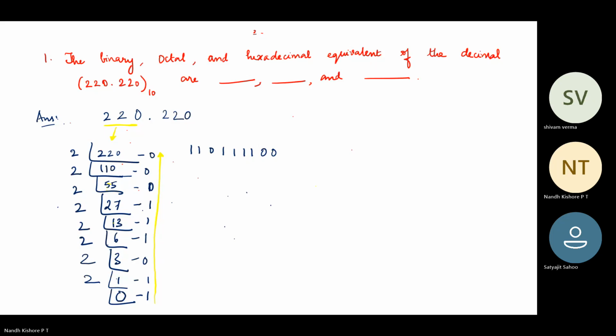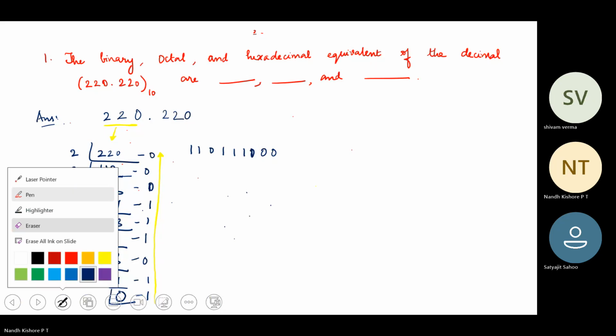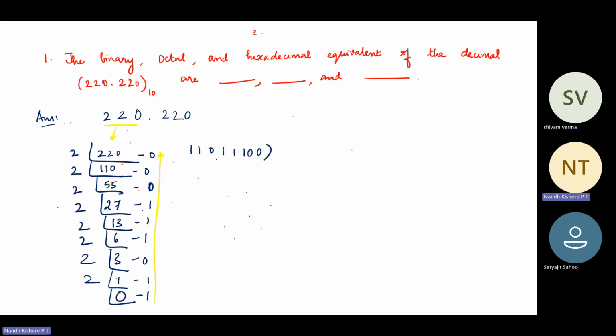Yes, this is your number in binary form. This is the number before the decimal.